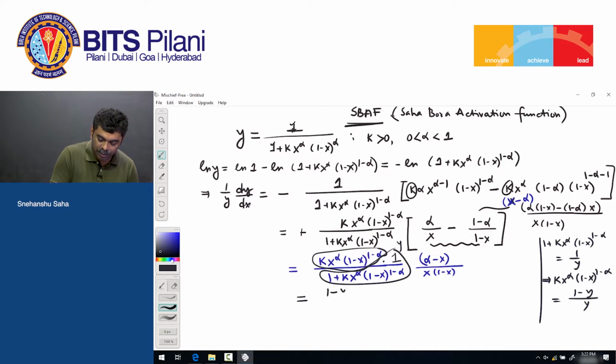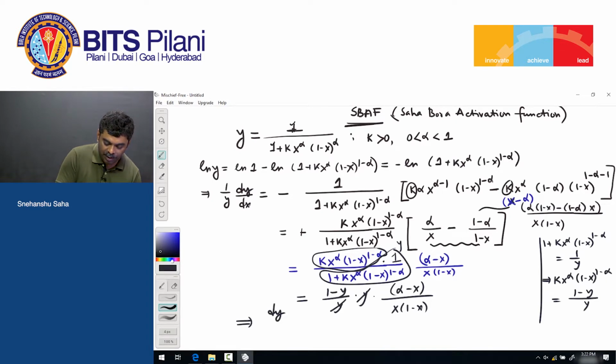So it's 1 minus y over y times y, times alpha minus x over x times 1 minus x. Good. Now this y will cancel, and I can simplify this further and come up with an expression for the derivative, which tells me that I have y times 1 minus y over x times 1 minus x, times alpha minus x.